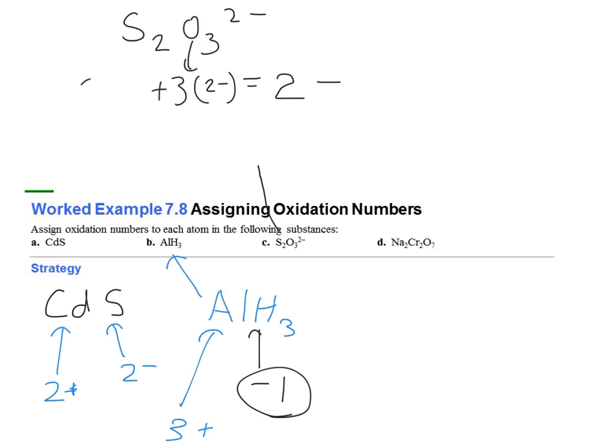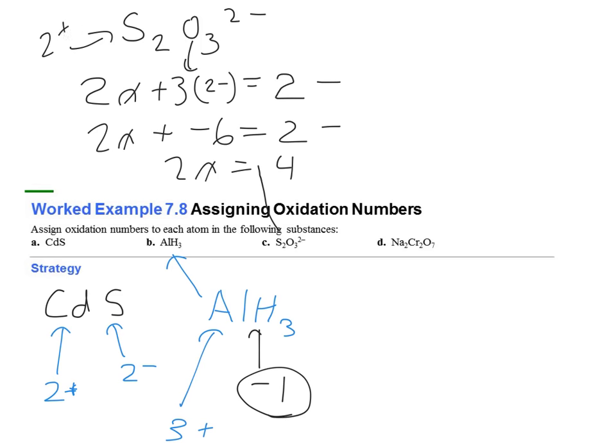Then we have 2 sulfurs. We don't know the charge on each one of those sulfurs, but we know the sum of the charges has to be 2 negative, so negative 6 plus 2x equals negative 2. So 2x equals 4. Wow, chemistry is easy and life is hard. That means that sulfur would have to be plus 2 in this scenario.